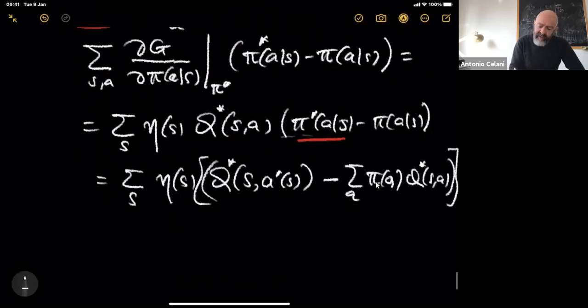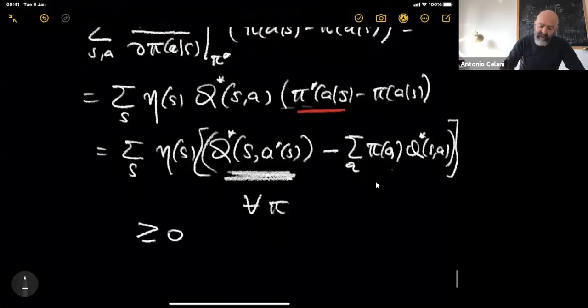And now clearly, since this object was the maximum, for every pi, this object cannot be larger than this, because this was the one that maximized the matrix column by column. So I conclude that this must be larger than 0.